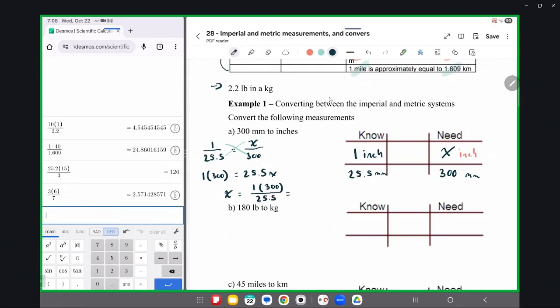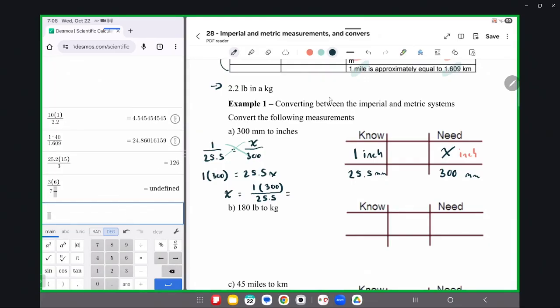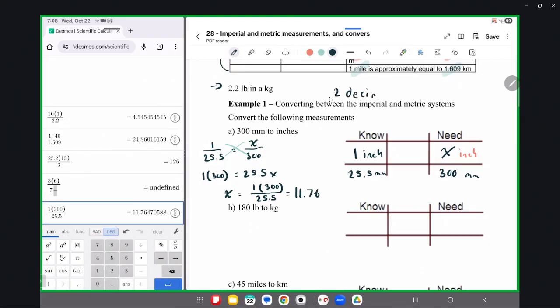So on our calculator, we can type that in, 1 multiplied by 300 divided by 25.5, we get 11.76 after rounding, of course. And so again, the question doesn't stipulate, so we'll just assume 2 decimal places is likely more than enough.